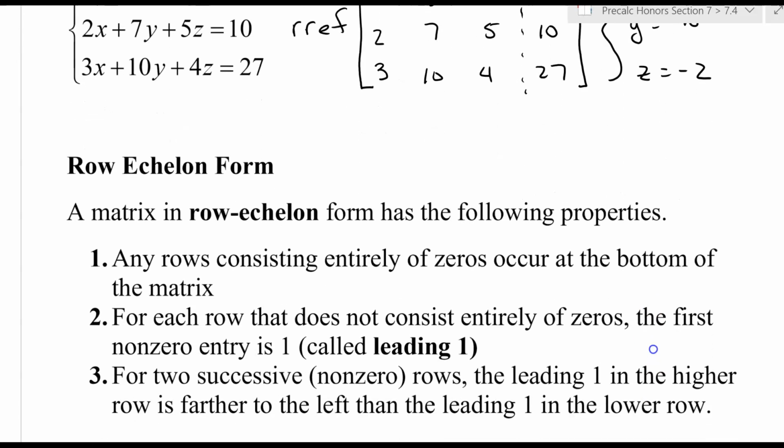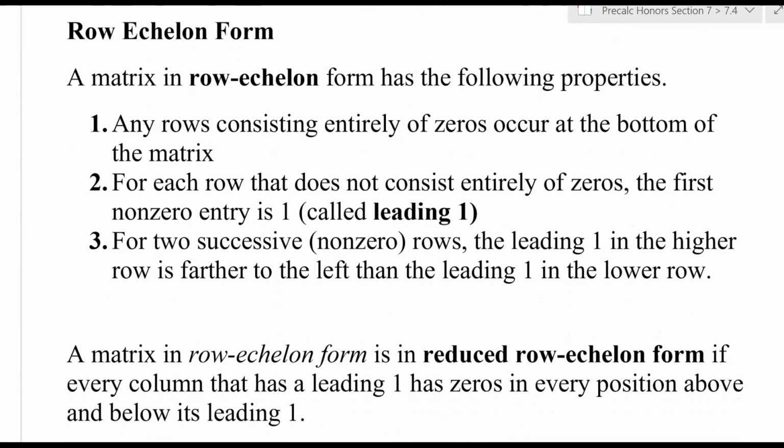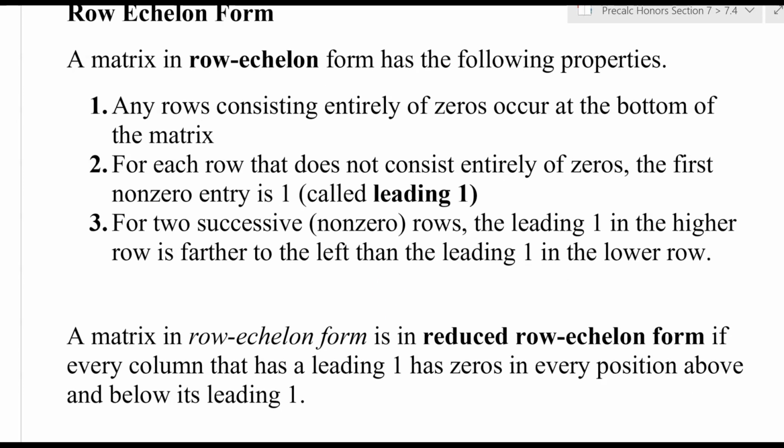So moving on to row echelon form. Here are the three characteristics of a matrix in row echelon form. Any rows consisting entirely of zeros occur at the bottom of the matrix. That's the first property. The second property is that for each row that does not consist entirely of zeros, the first non-zero entry is a 1.